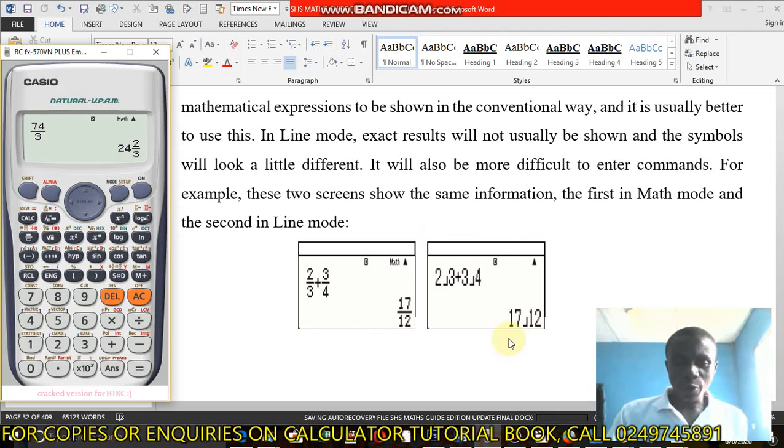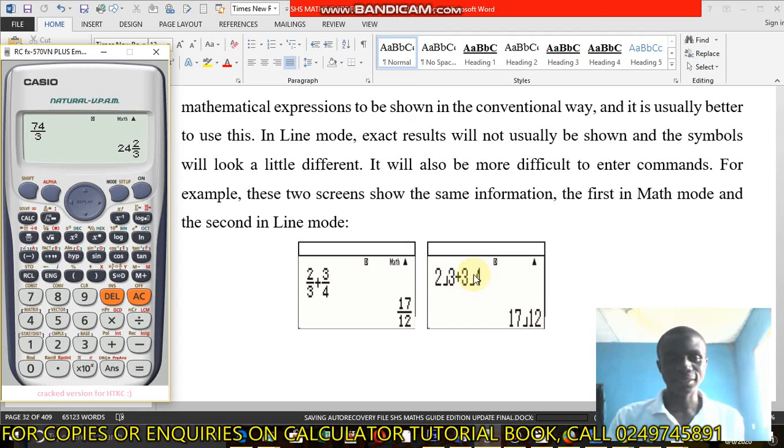Now, when your calculator is in this line mode, in fact, you will find yourself in hot soup in the examination hall. The very sad event, or a sad story, that may happen in your life is when your calculator changes to this line mode and you are unable to change it back to the math mode.